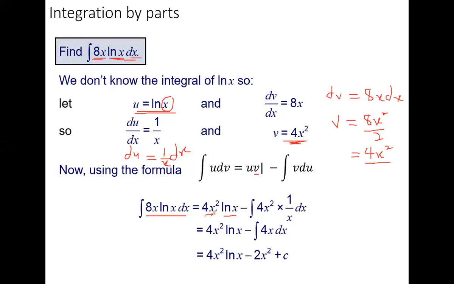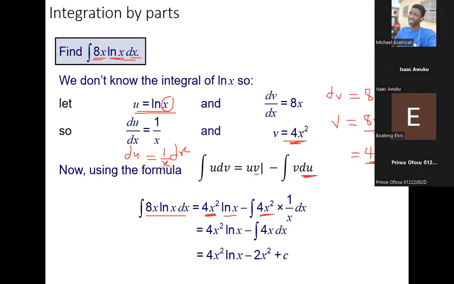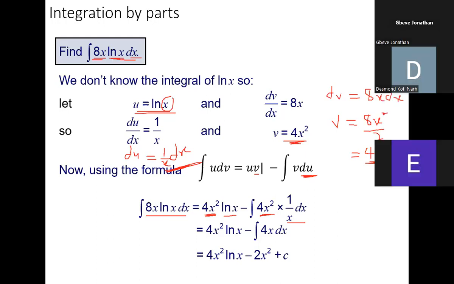Then minus the integral of v, which is 4x squared, times du. What is du? du is 1 over x dx. So you bring it here. Okay, so that does it for our substitution. So look at it carefully.